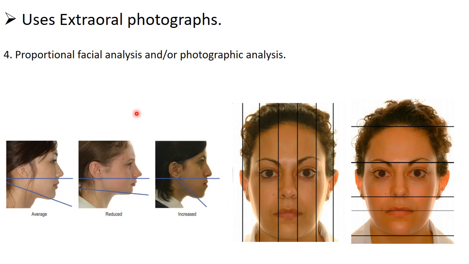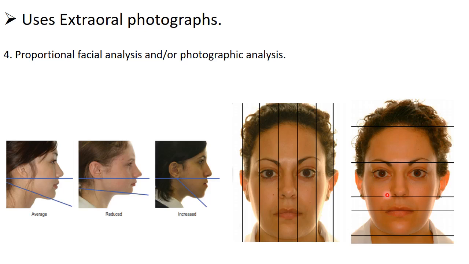The other use of extraoral photographs is the proportional facial analysis and photographic analysis. When you have a frontal view, usually the face is divided into 5 parts, and when those parts are equal, then we have a symmetrical face. Vertically, the face is divided into 3 parts: the upper, the middle, and the lower facial height, which is divided into 1/3, 1/3, and 1/3.